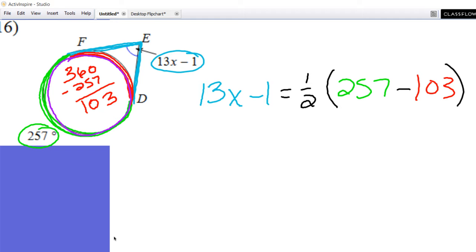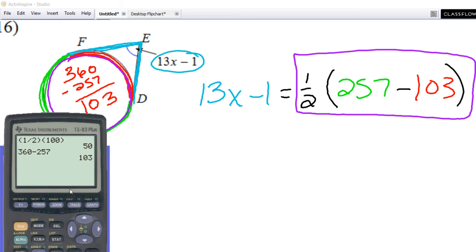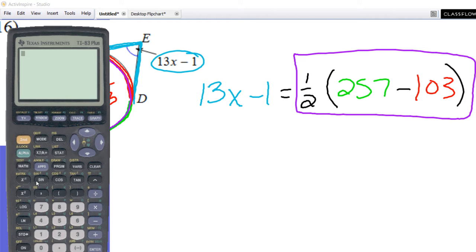Notice again, I have all numbers on this side of the equal sign, so I'm going to put them on my calculator. That way it makes it easier for me to solve the problems. So I'm going to be putting, let me show our calculator so you guys can see, parentheses, 1/2, close parentheses, open parentheses again, and then we put 257 minus 103 equals 77.